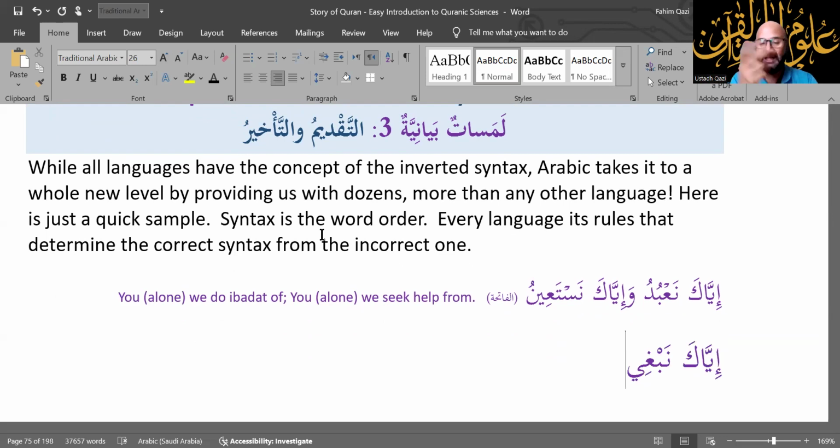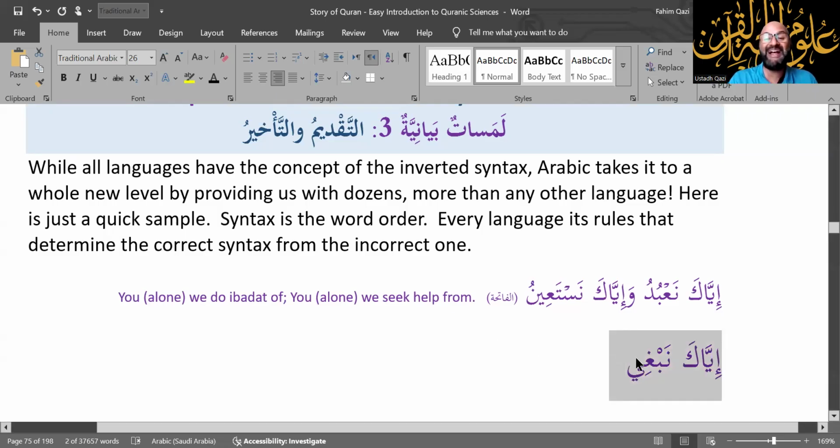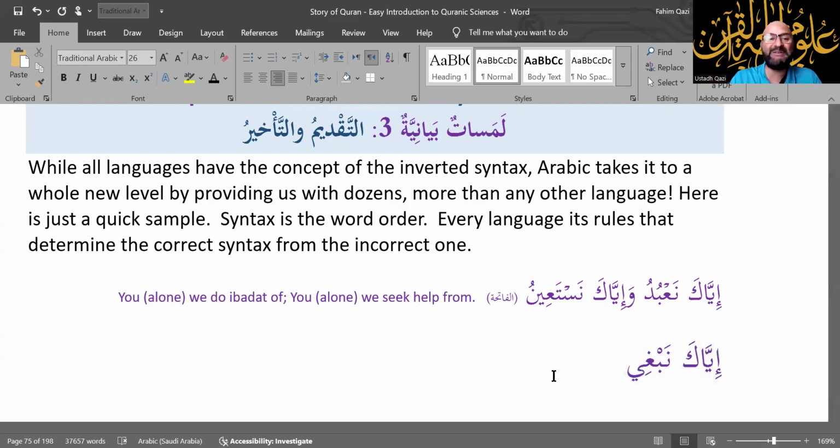I should know the name, but I'll look it up inshallah later. That's how he wrote in the letter. Iyaka nabghi. You alone we need help from. No one can help us. We are outnumbered. We can't fight this enemy. Help. And only you. Because he didn't want Khalid ibn al-Walid to send other soldiers or troops. He wanted Khalid ibn al-Walid himself to come and help them fight the battle.